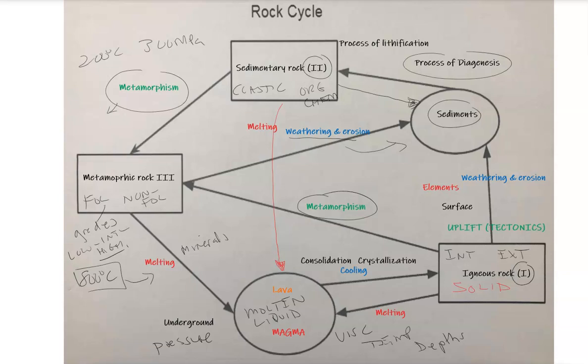Metamorphic, again, is only formed through metamorphism, which is the burial and deposition and tectonic activity causing that rock to be buried deeper in higher pressures and temperatures to form this kind of rock. So again, this is a very simplistic version, but you can go on to more complex and more detailed processes which go into creating this beautiful rock cycle.